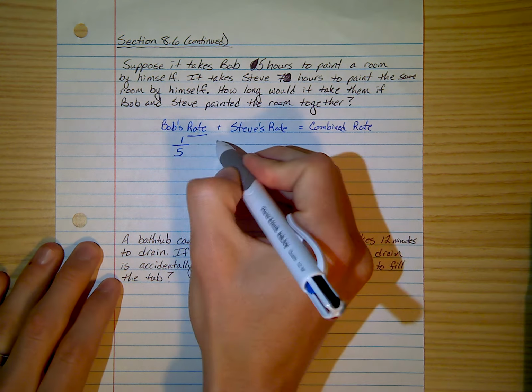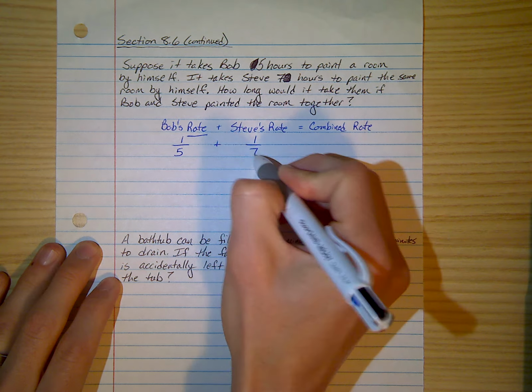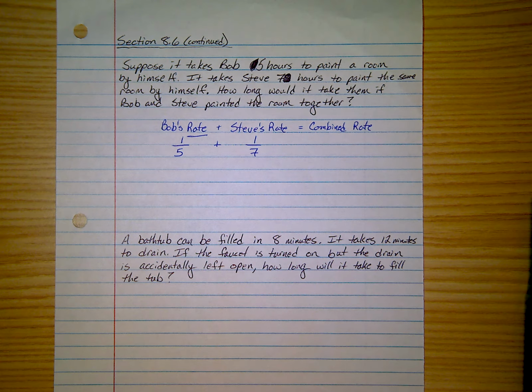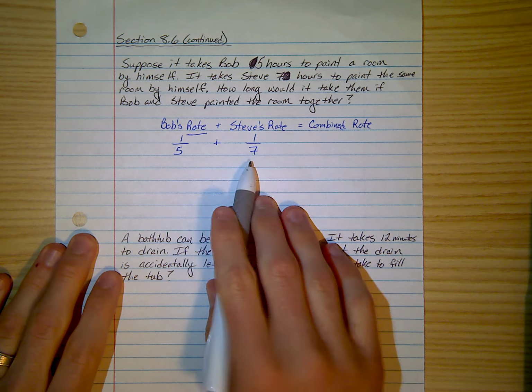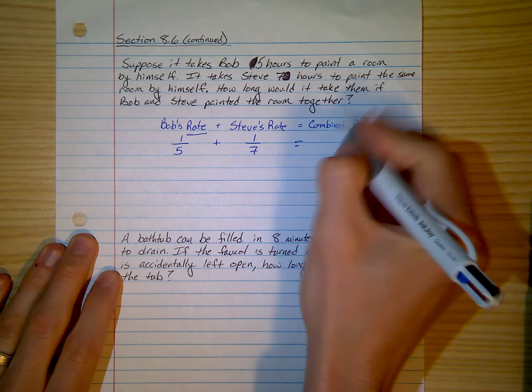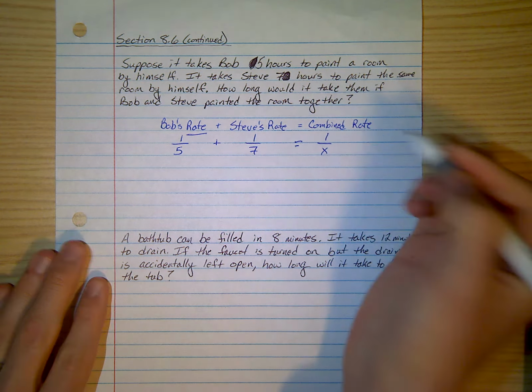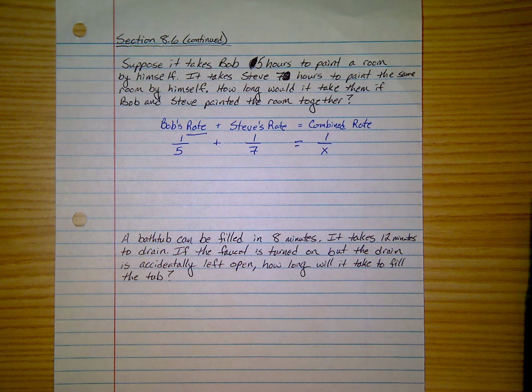By that same logic, Steve's rate is 1/7 of the room. So if you add Bob's rate and Steve's rate together, you are going to get their combined rate, which is 1 over x. They are combining to make 1/x of the room painted in 1 hour. That's the equation that we need to solve.